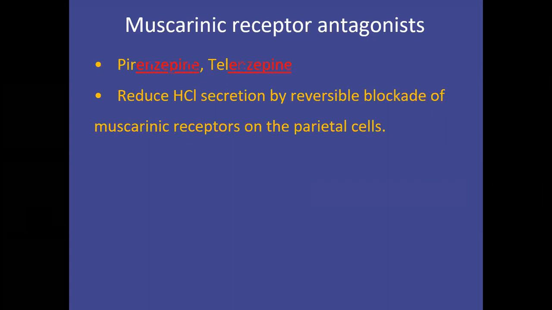The muscarinic receptor has two roles: one direct on the parietal cells, and indirectly through histamine release from the ECL, leading to increased release of HCl from the parietal cells through histamine.